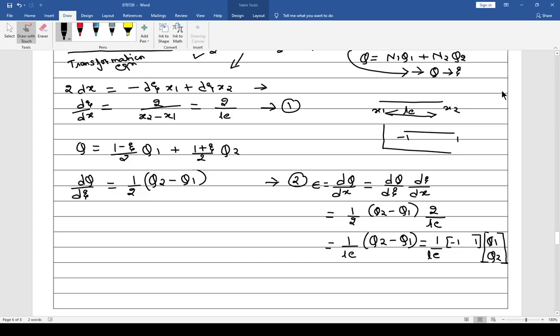Okay, so I hope everybody understood this is correct. Or if it is incorrect you can correct me.